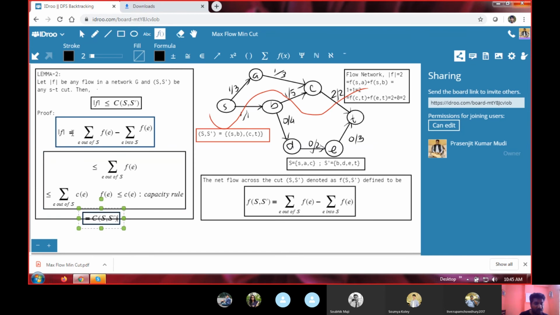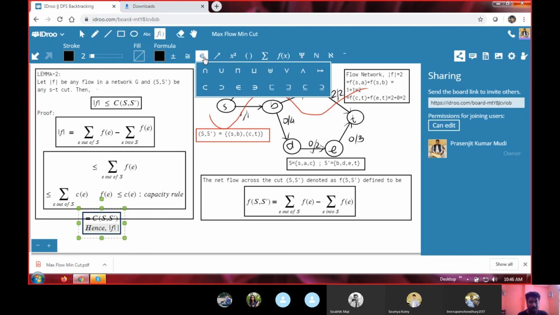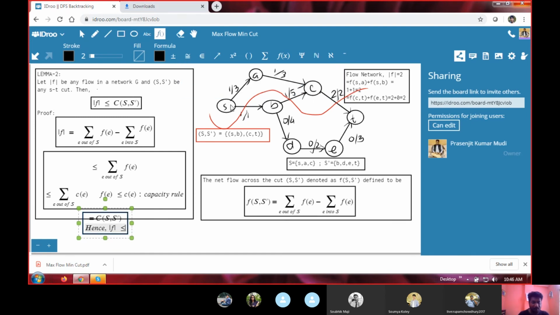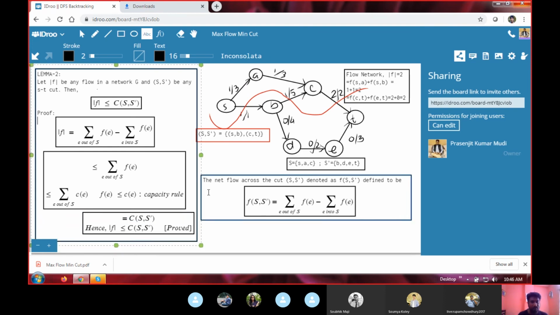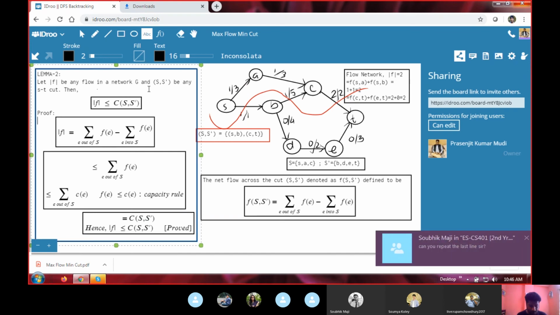That means mod f is less than or equal to the capacity of S comma S prime. So hence mod f is less than or equal to C of S comma S prime. This is your second lemma. Okay, proved. And we now consider the third lemma.